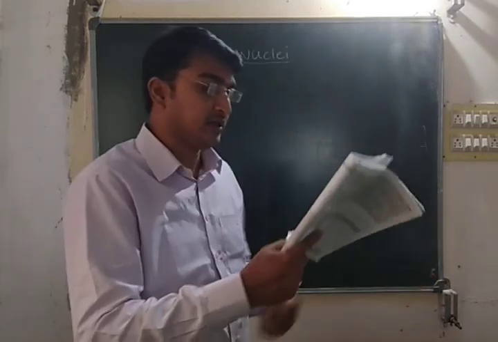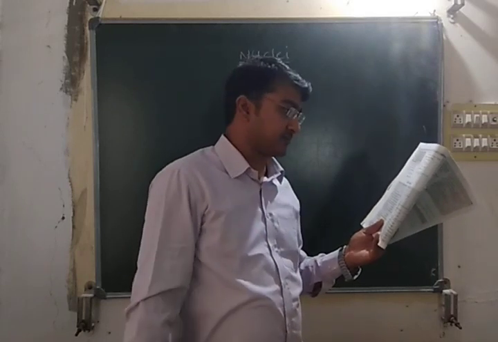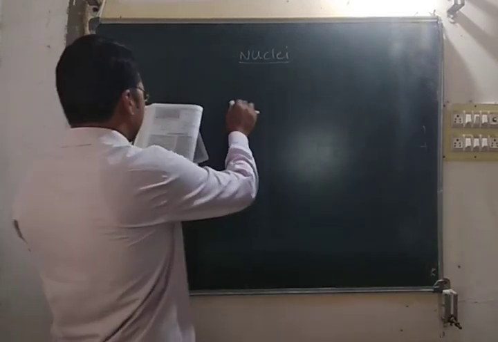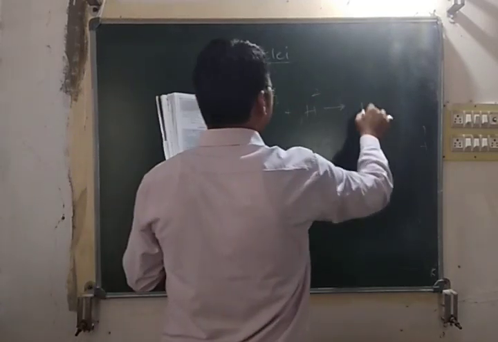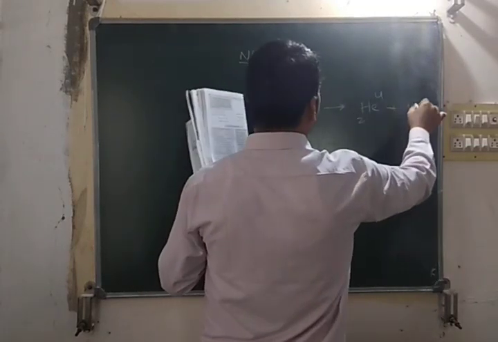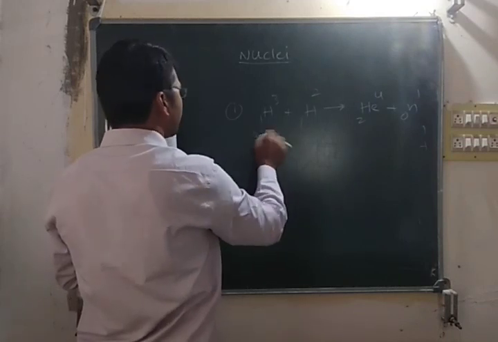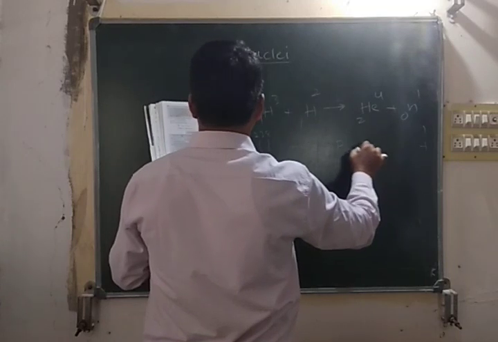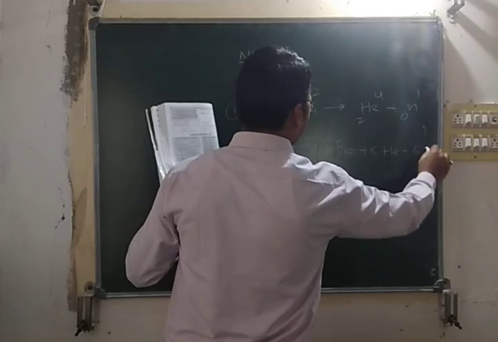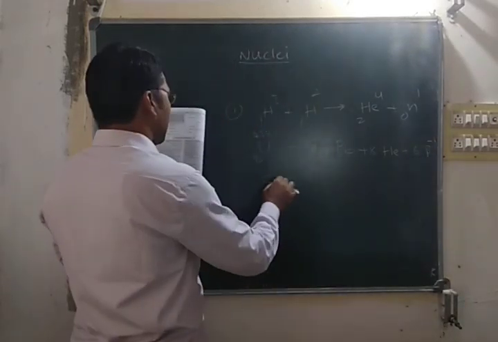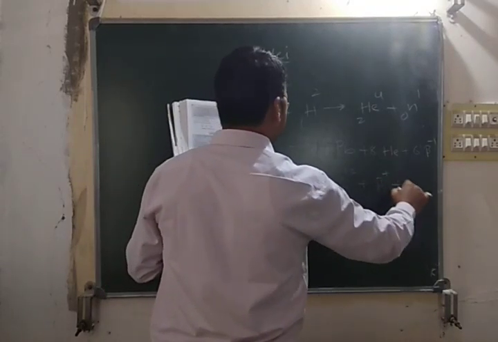Next, which of these is a fusion reaction? Options are given like this: H13 and H12 gives helium-24 plus neutron. Next, uranium-92 230 into lead and 8 alpha particles plus 6 beta minus particles. Next, carbon 712 gives carbon 612 plus beta plus decay plus some gamma.